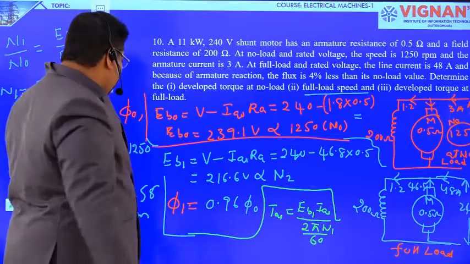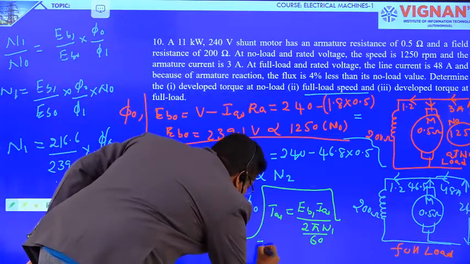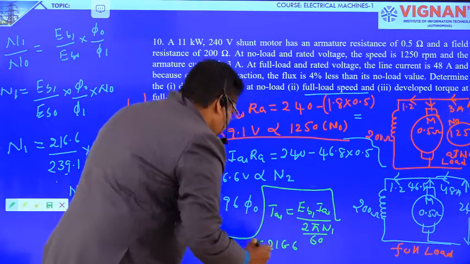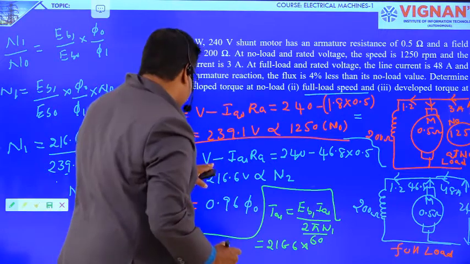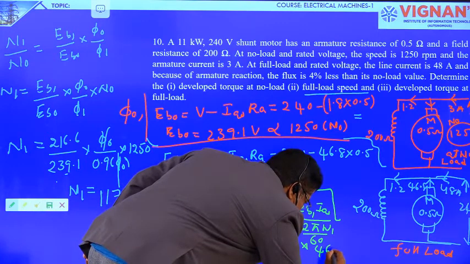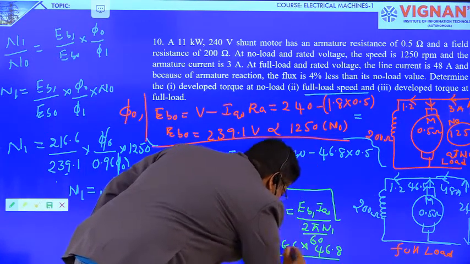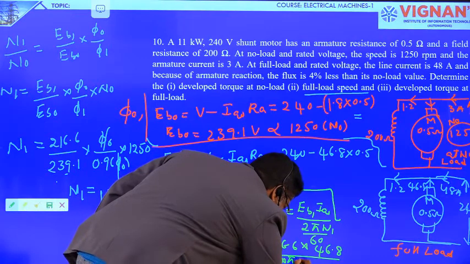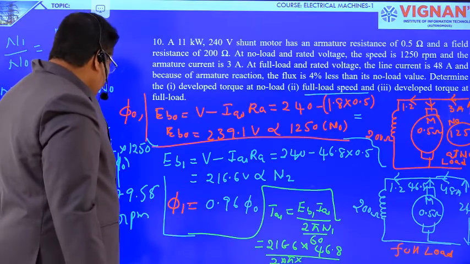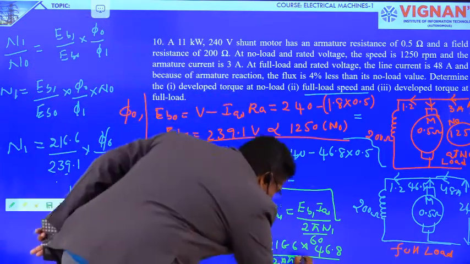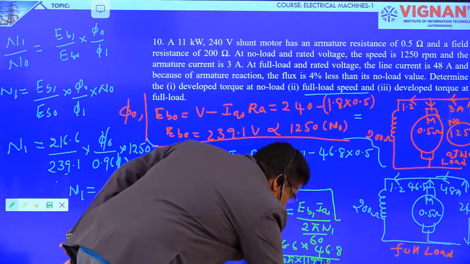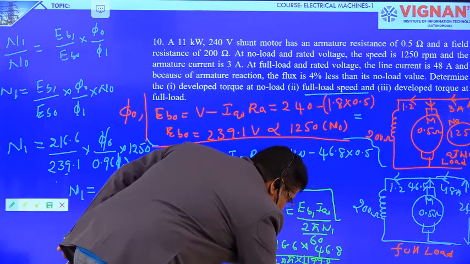Already we know the value of EB1. Substituting all the values: 216.6 into IA1, which is 46.8, divided by 2 into pi into N1, which is 1179.8, divided by 60.